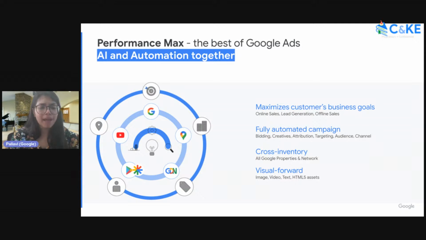Now, Performance Max is a combination of AI and automation together, right? So what does it mean for marketers? For marketers, this means that getting the right message in front of the right consumer at the right time is a constantly moving target. And in order to be present at those key moments on all of those paths to purchase, campaigns can be set up from the start to be truly AI powered, right?